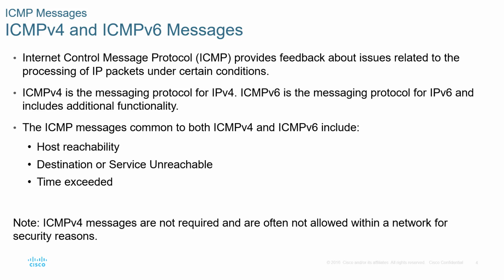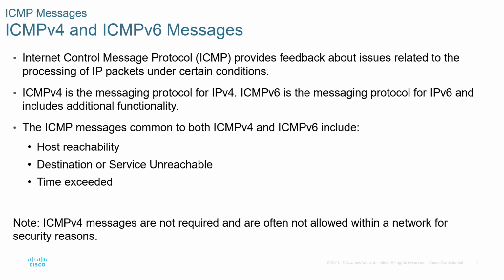The basic functionality of ICMP is about host reachability, end-to-end connectivity, and looking at destination or service reachability. Can we reach out to a host on a LAN or a WAN, and is it responding?